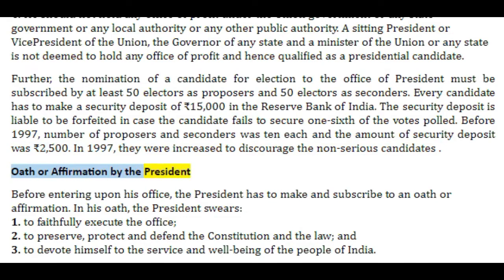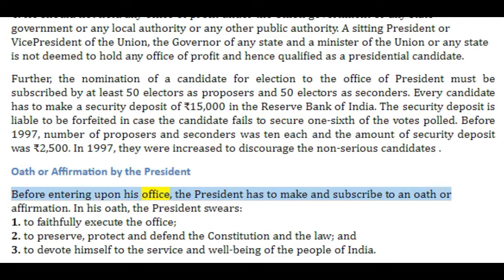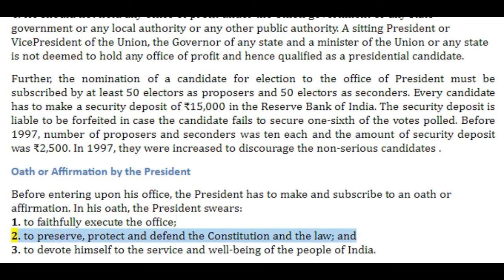Oath or affirmation by the President. Before entering upon his office, the President has to make and subscribe to an oath or affirmation. In his oath, the President swears 1. To faithfully execute the office, 2. To preserve, protect, and defend the Constitution and the law, and 3. To devote himself to the service and well-being of the people of India.